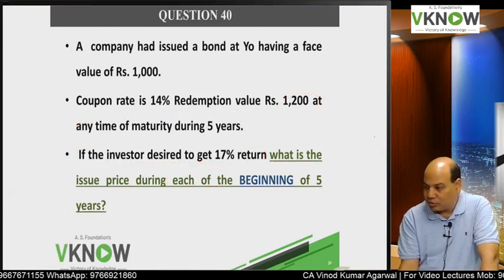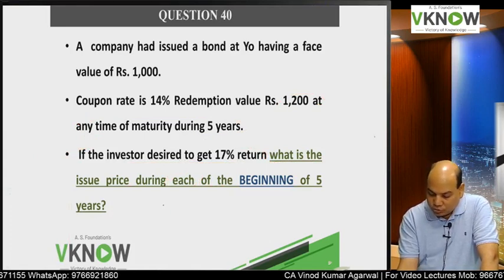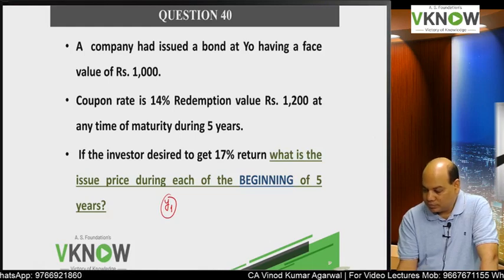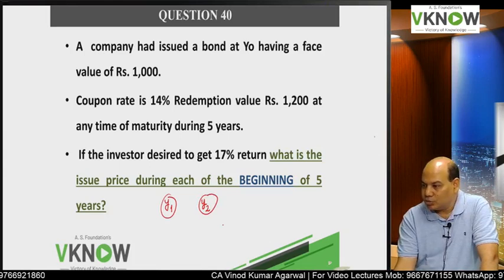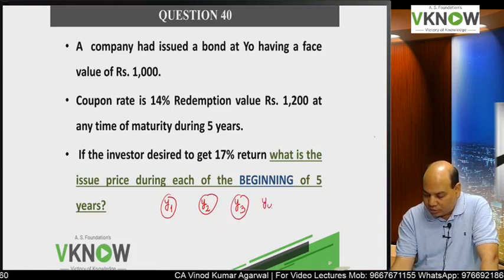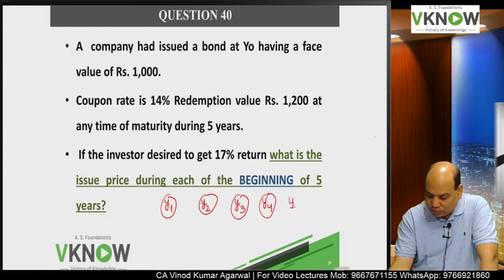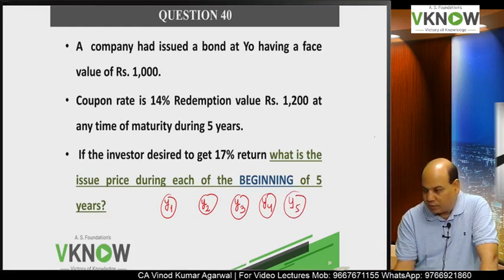So how many times you have to solve? You have to solve what will be the value of the bond at the beginning of year 1, at the beginning of year 2, at the beginning of year 3, beginning of year 4 and beginning of year 5.